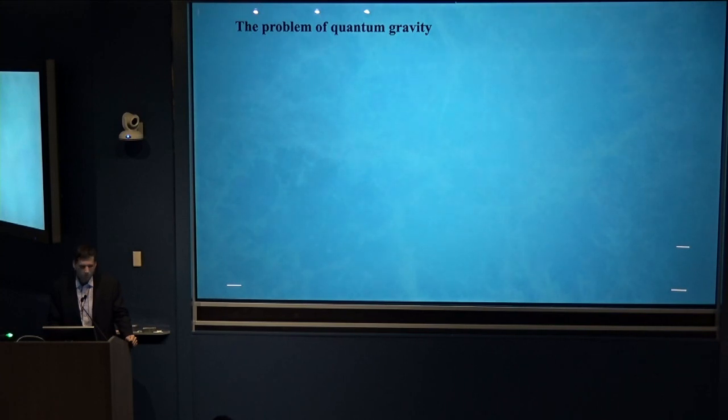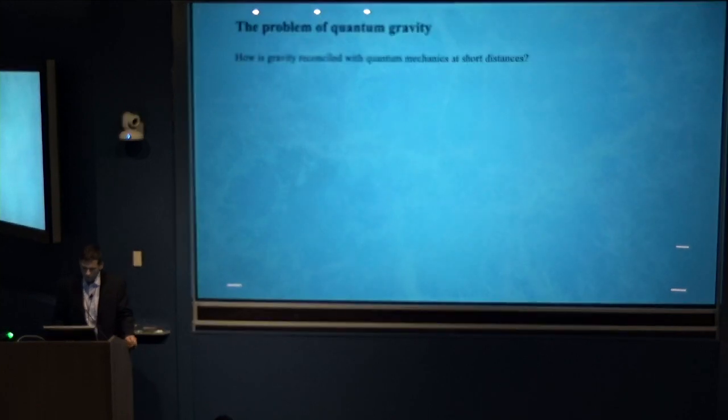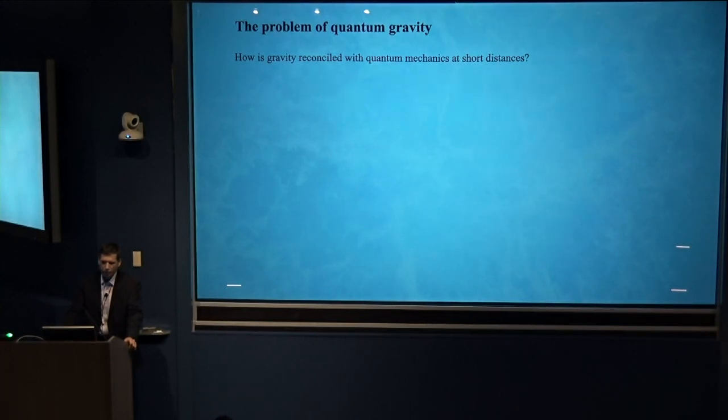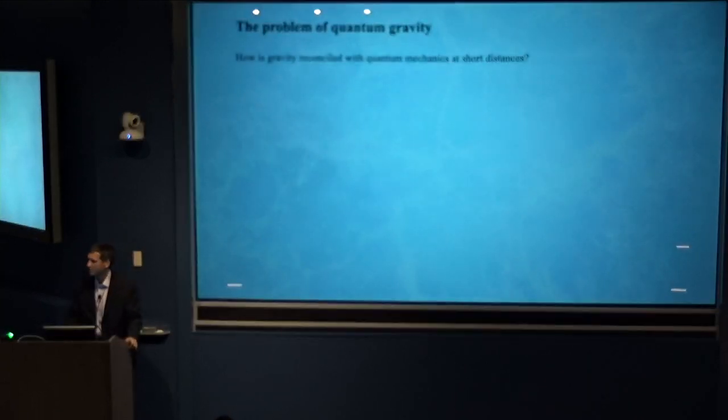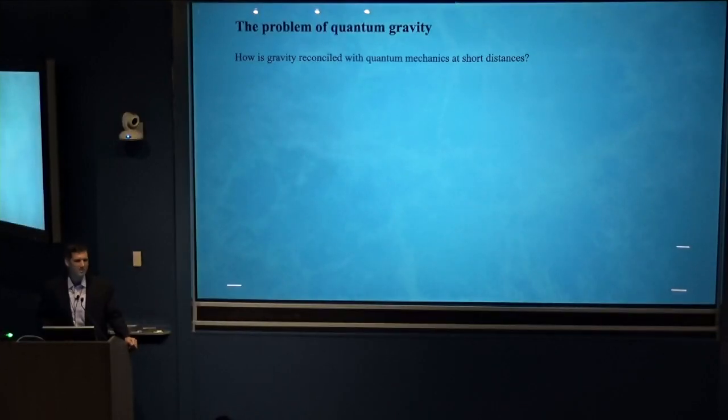So thinking about black holes has given a way to think about this problem that's been very productive over the last couple decades. The standard or traditional way of phrasing the problem of quantum gravity is to ask how is gravity reconciled with quantum mechanics at very short distances? Well, this is correct. This is what it means to find a theory of quantum gravity.